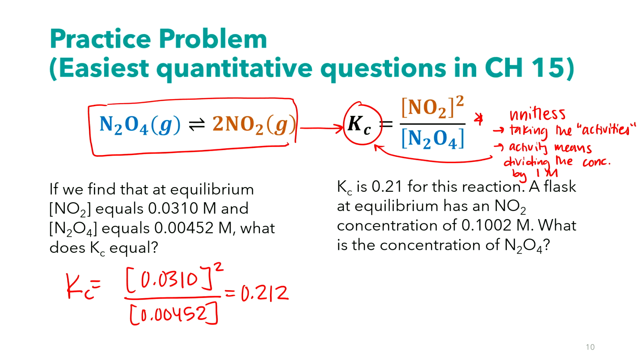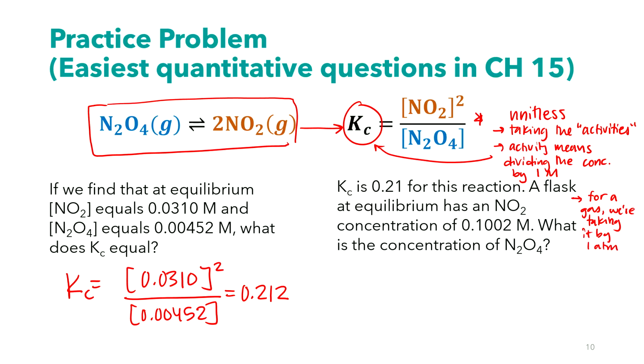This is true. We're also going to look at doing this for gases, so we'll have a Kp. So when we have a pressure for a gas, we're taking it by 1 atmosphere.